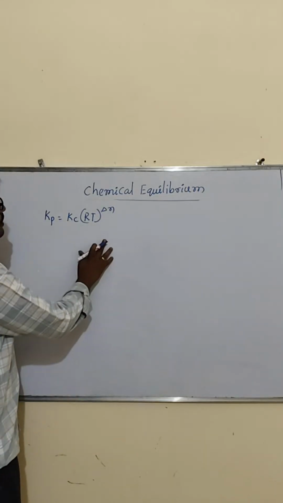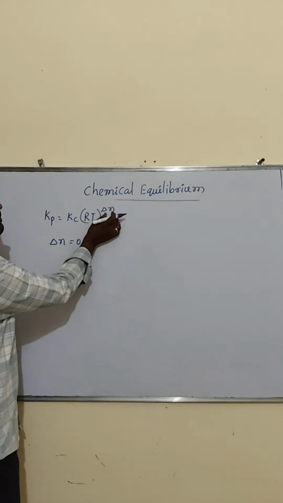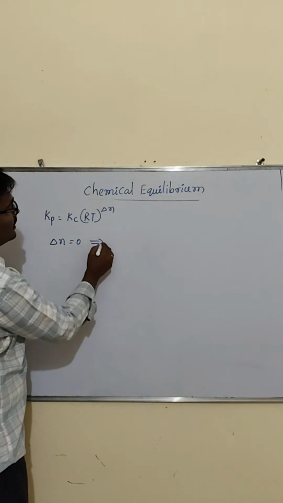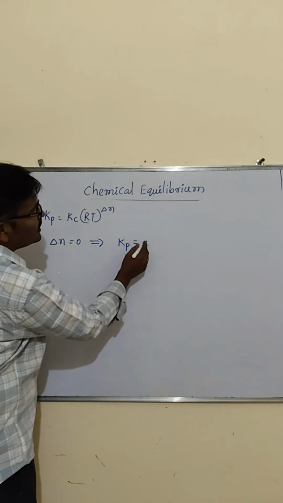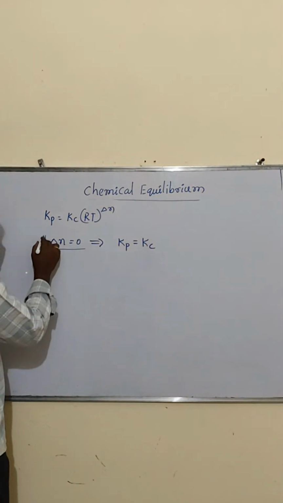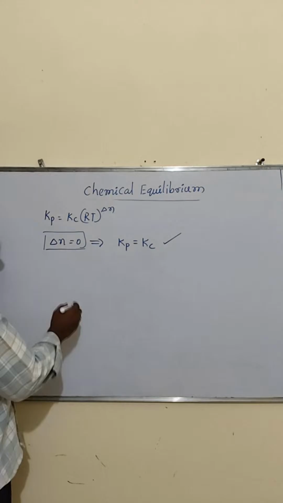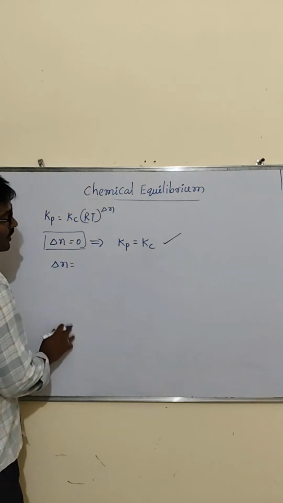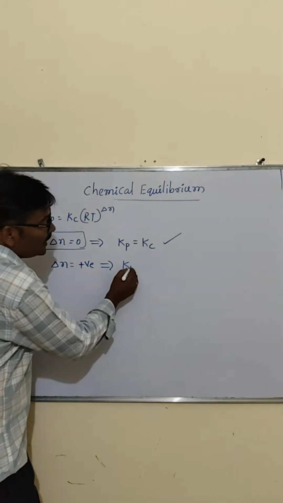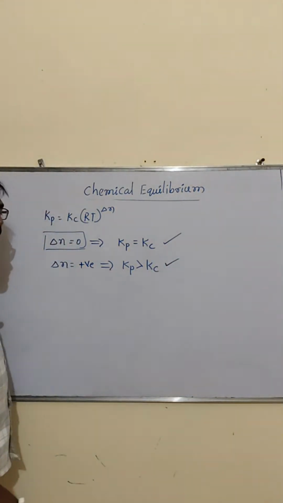Clear? Remember, in case the delta n value is 0, anything power 0 equals 1, so the relation between Kp and Kc is Kp equals Kc. When delta n is 0, Kp equals Kc. Next, in case delta n is positive, Kp is greater than Kc.